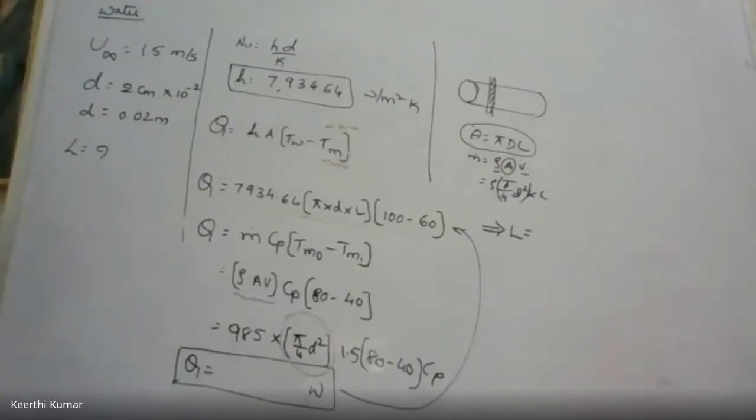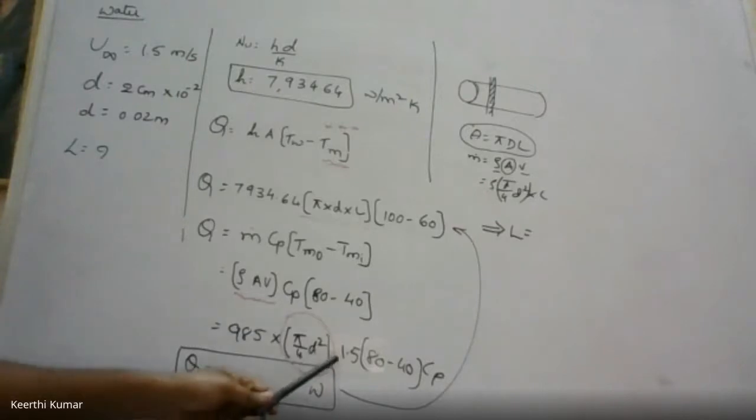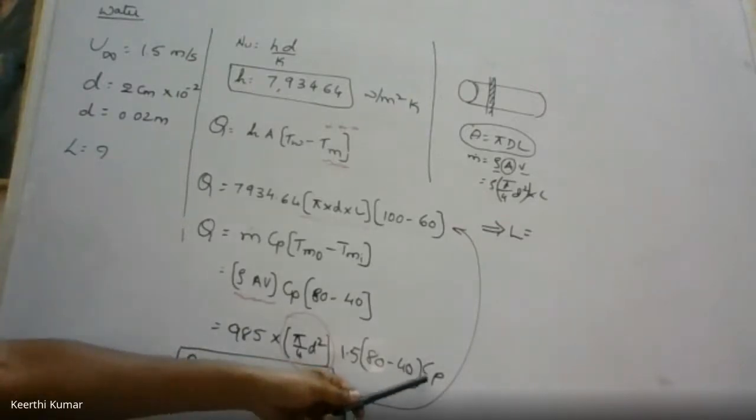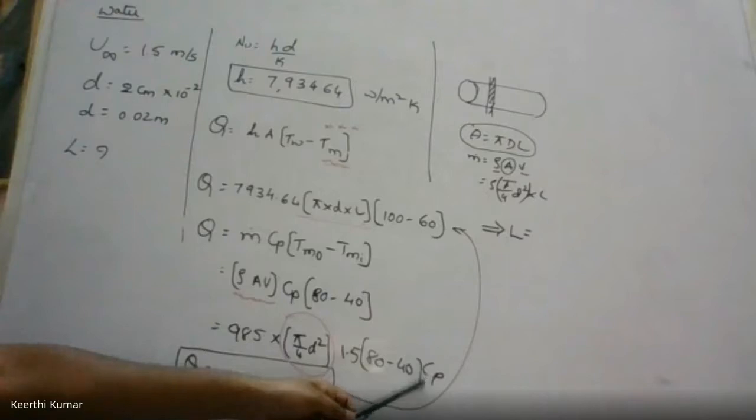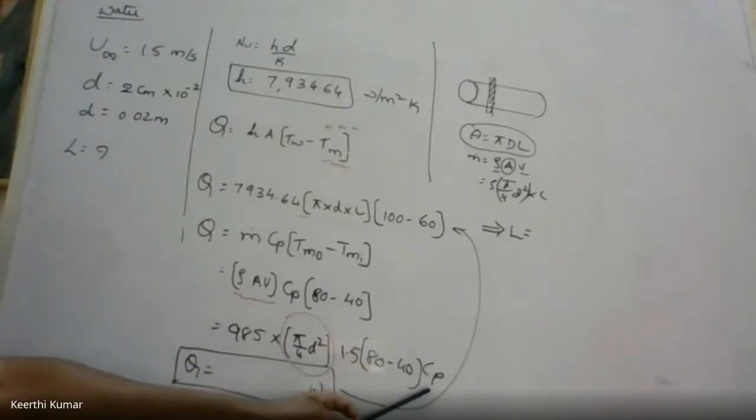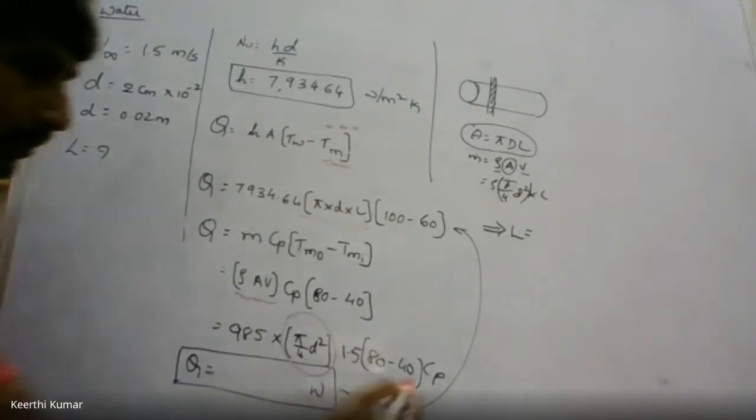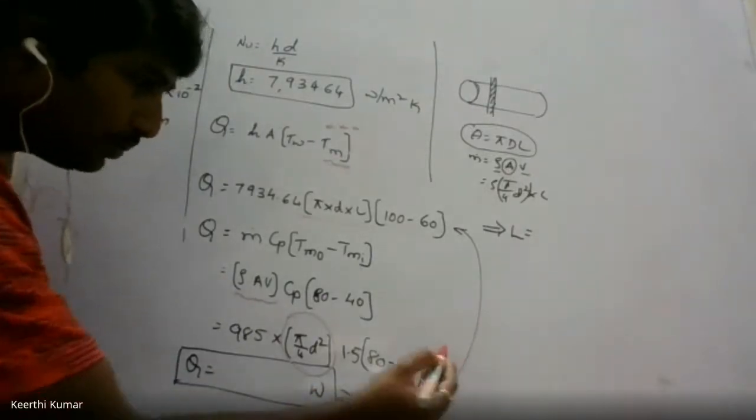Tm is 60, but while substituting here, the Cp should be 4.187 into 10 to the power of 3. This is also changed.